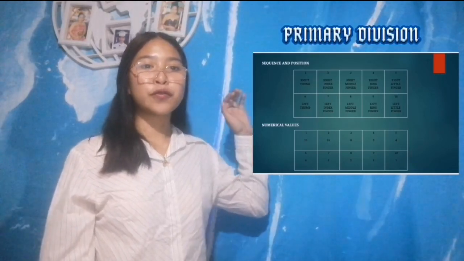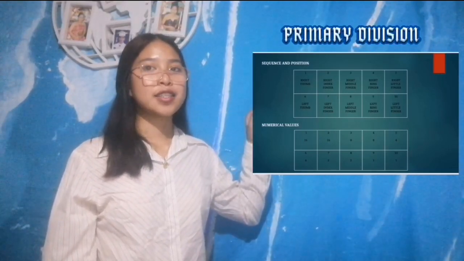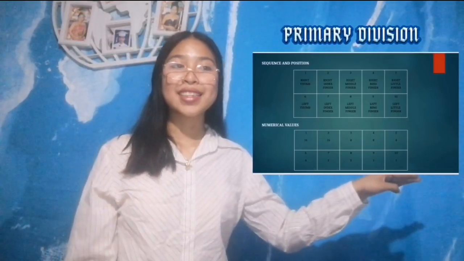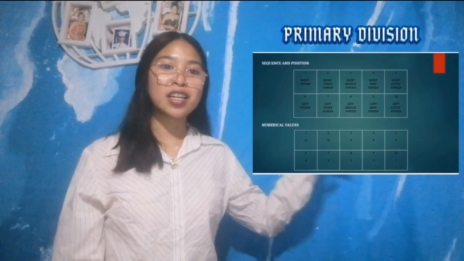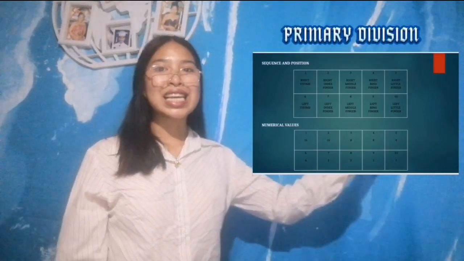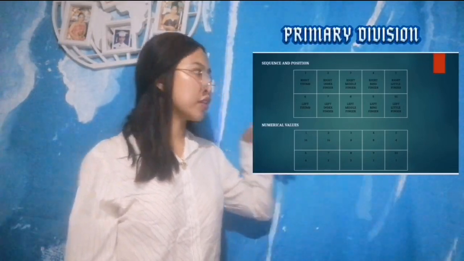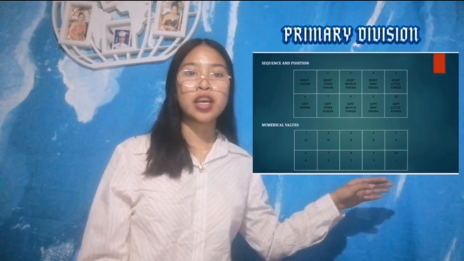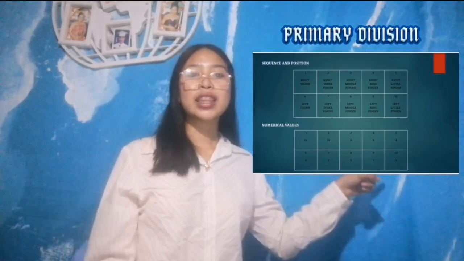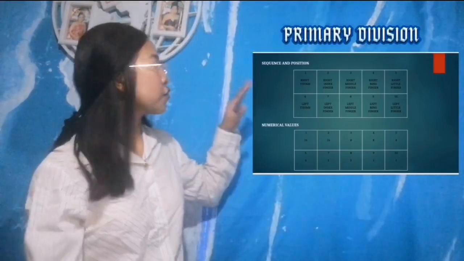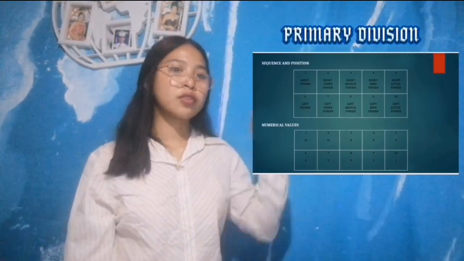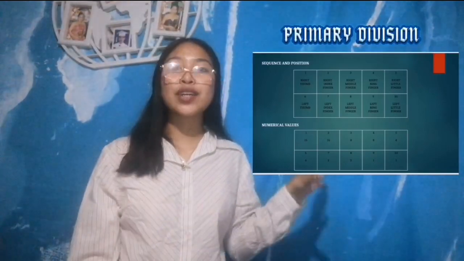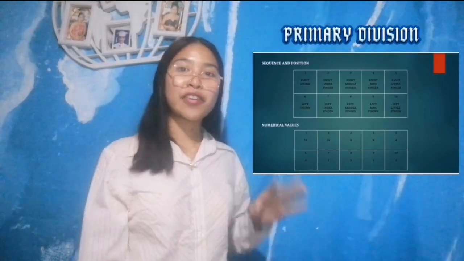So the position of your fingers, from right thumb to right little finger, is 1, 2, 3, 4, 5. And below them, the left thumb to little finger is number 6, 7, 8, 9, and 10. So this following table shows the placement of the numerical values of fingerprints considering the respective location of the right and left hand.